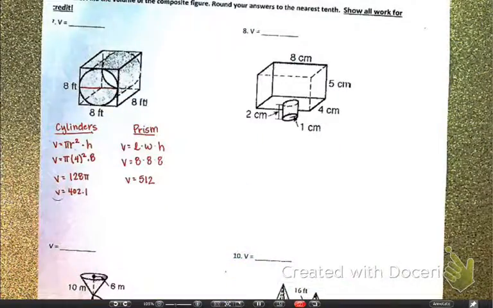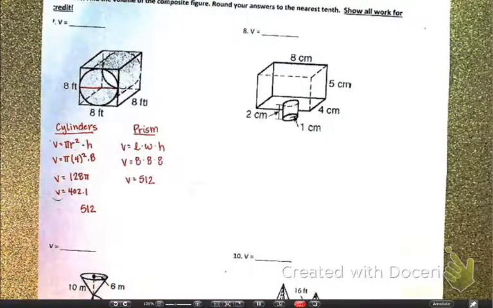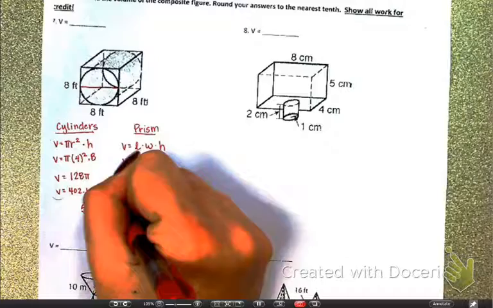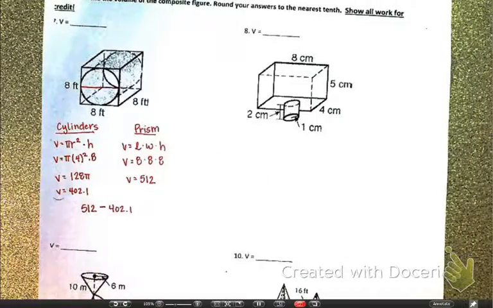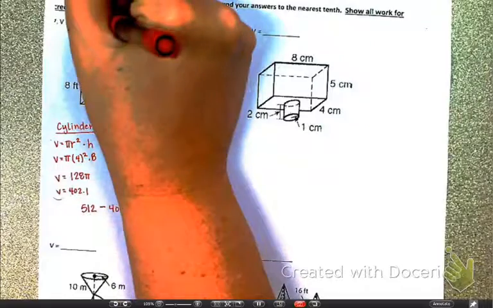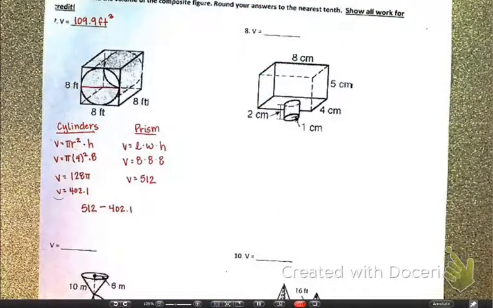402.1. Okay, so I'm taking my prism, which is 512, and I'm removing that cylinder, because I need to take that cylinder out, 402.1, and you get 109.9 feet cubed.